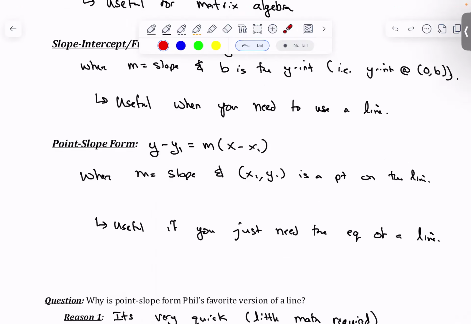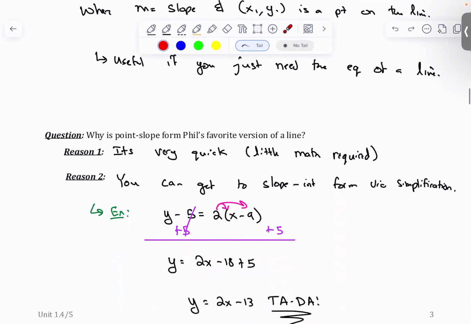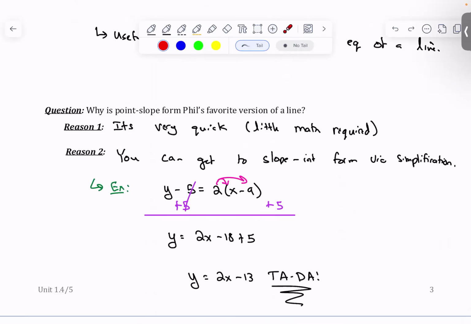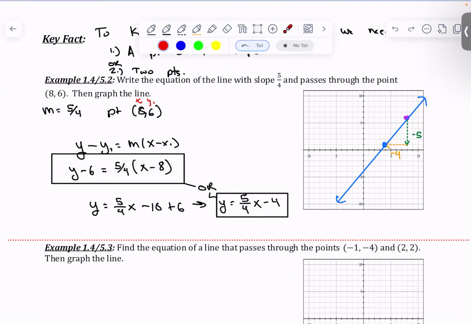Because it allows us to compute or create lines very, very, very quickly. And then the key thing is that you can go from point-slope form to slope-intercept form by just doing a little bit of simplification. So we did one example right here.